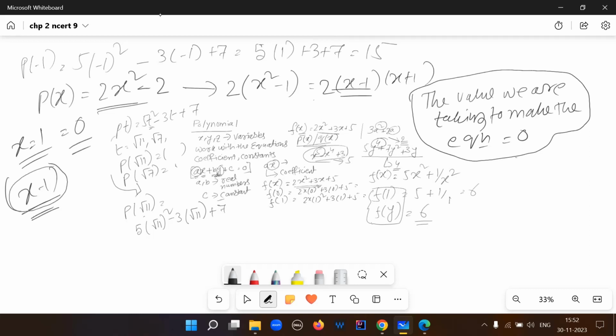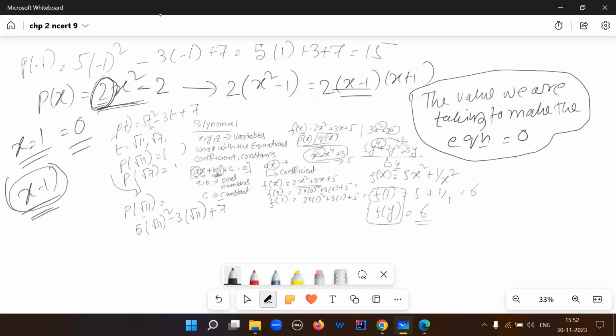That way I can know where the problem is for the viewers, or the students. If you want to know about coefficients or any other things, you can comment below. Okay. So here, 2x square minus 1 is part of a real number. Suppose A, B, C, I have written that.